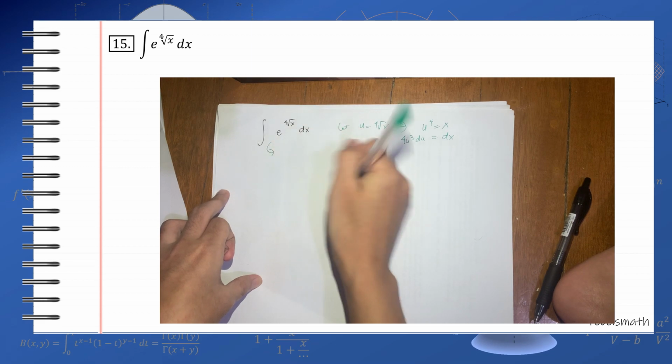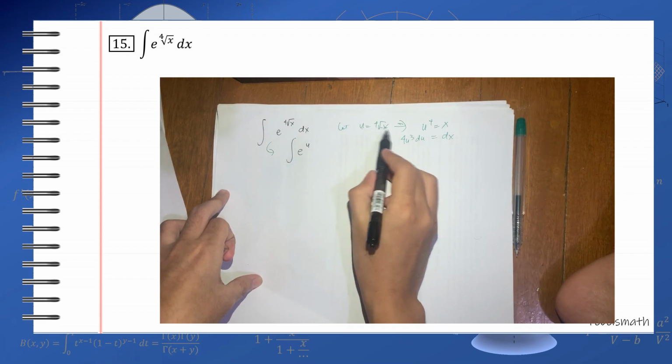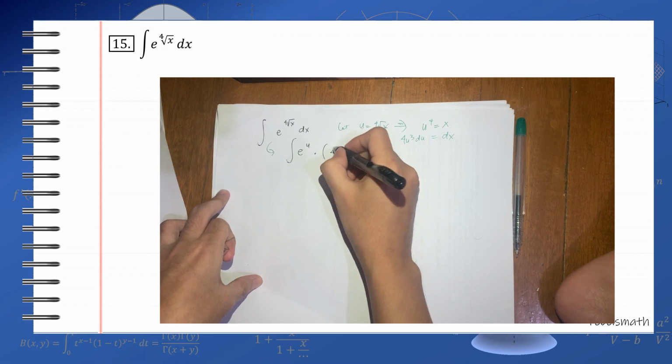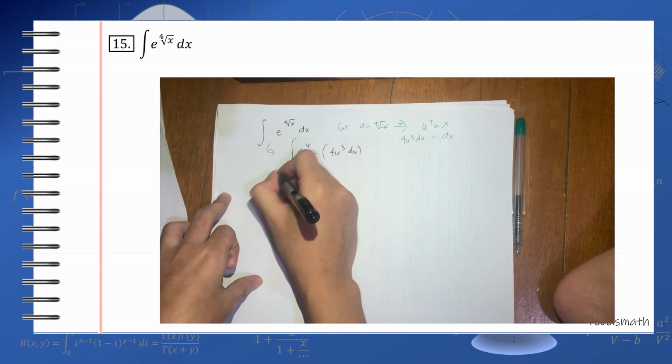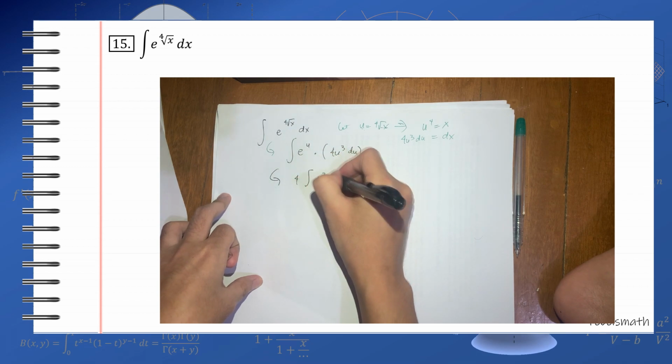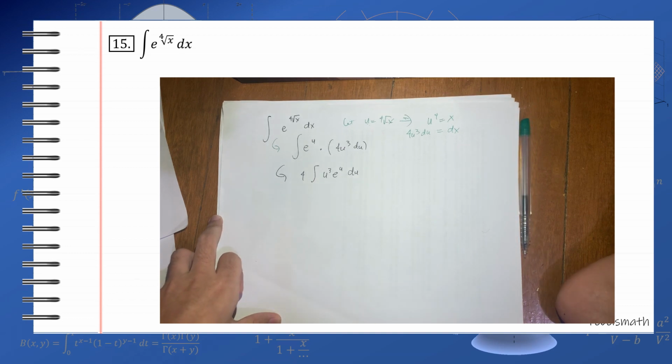Then this becomes e to the u times 4u cubed du. Next, we simplify this as 4u cubed e to the u du. OMG, this requires several integrations by parts.